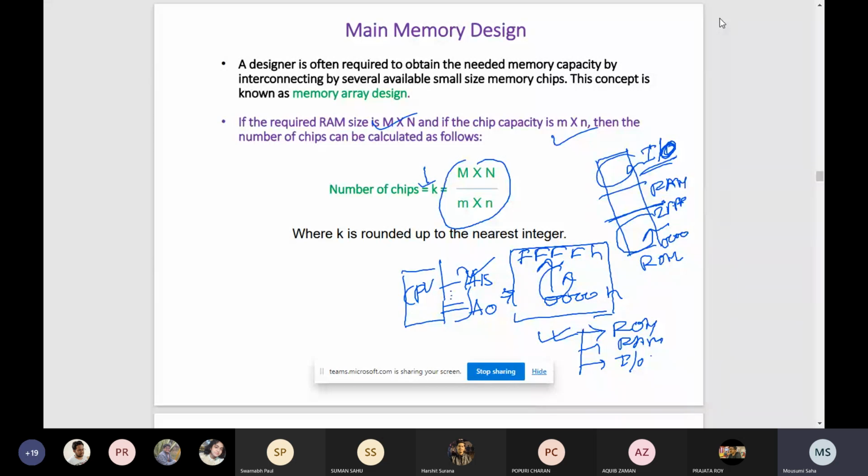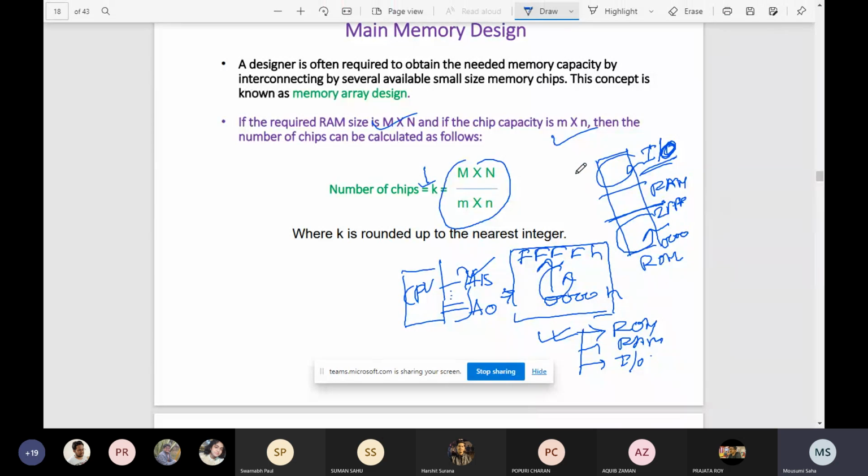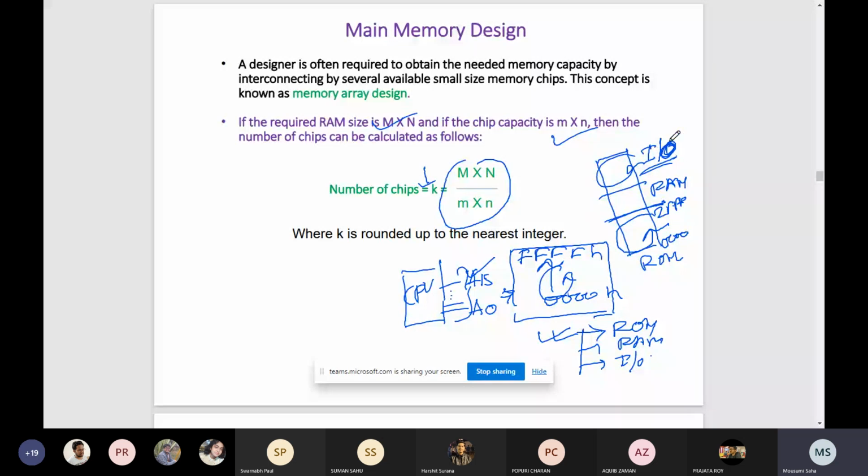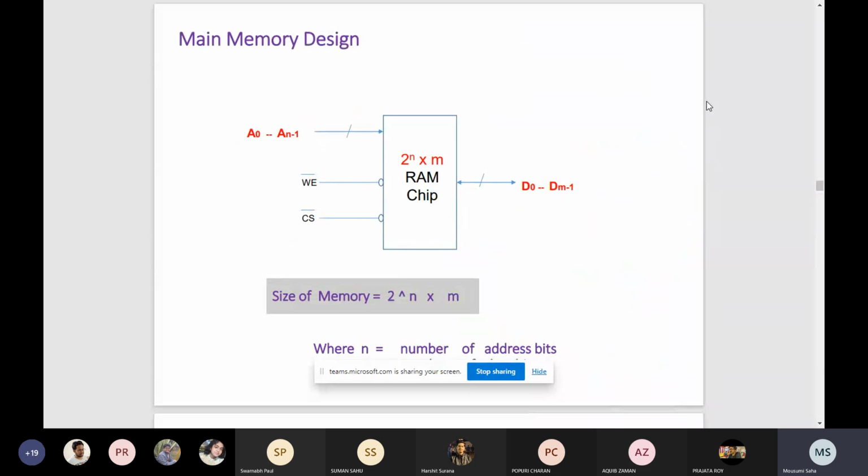Whatever the value, just round it. In that way you can compute what you can use for your system.